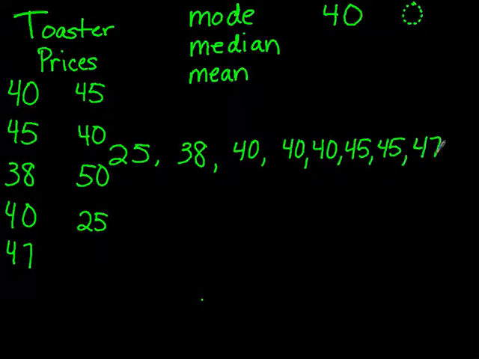And our last two numbers are 47 and 50. So 1, 2, 3, 4, 5, 6, 7, 8, 9 numbers in the set.